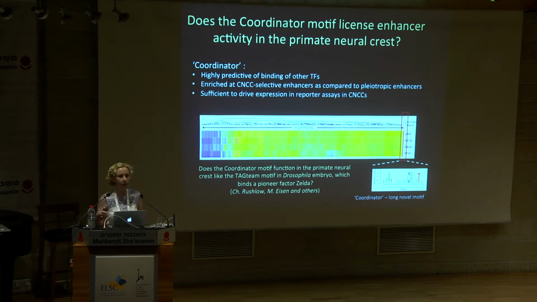Again, in this type of analysis, you rarely expect to find a singular motif that would be most predictive of everything you look at. But then we noticed, it's my belief that a lot of the things in gene regulation have already been discovered in Drosophila, so whenever we're scratching our heads, I go back to the Drosophila literature and see what's out there.